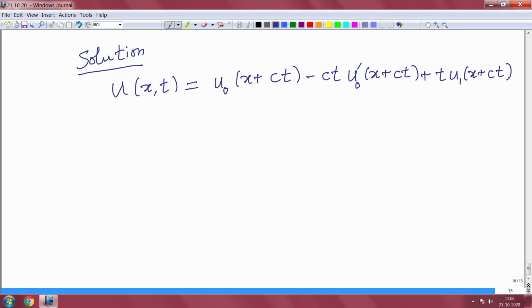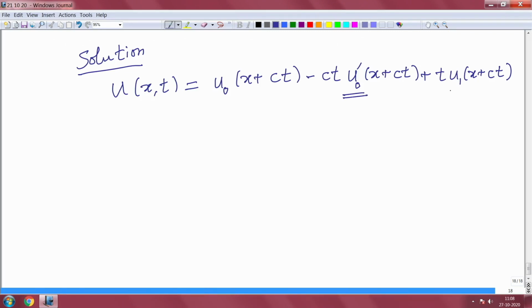If you compare this form of the solution with D'Alembert's formula, you see a big change here. First of all, in D'Alembert's formula no derivative of the initial conditions appeared, but here the derivative of the initial condition appears.